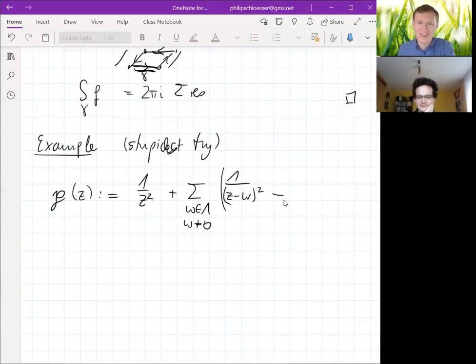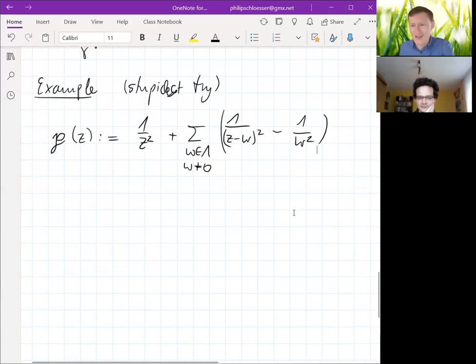Well, okay, it doesn't really converge. So let's just include some form of counter term here. I guess now it's not so clear that it's still doubly periodic, but when you take the derivative, then this term vanishes and you have a doubly periodic function.